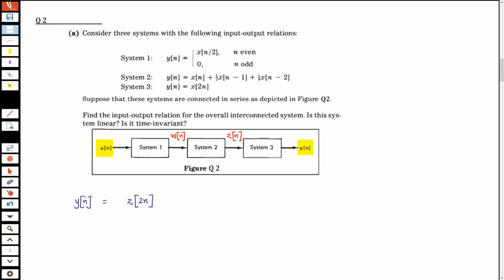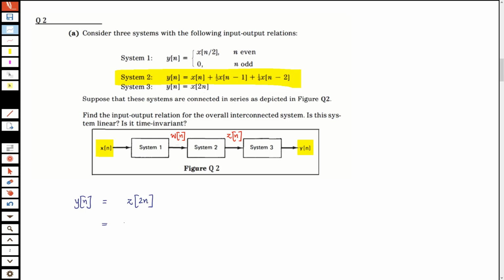Now, what is z[2n]? z[2n] is the output of system 2 when the input was w[n]. And what does system 2 actually do? This operation, where the input is w[n]. So let us rewrite this: wherever you have n, we would write it in terms of 2n.